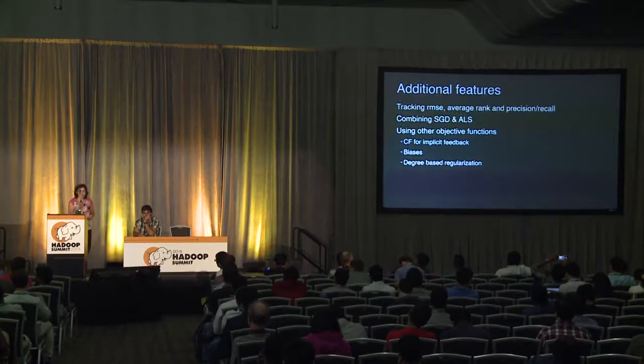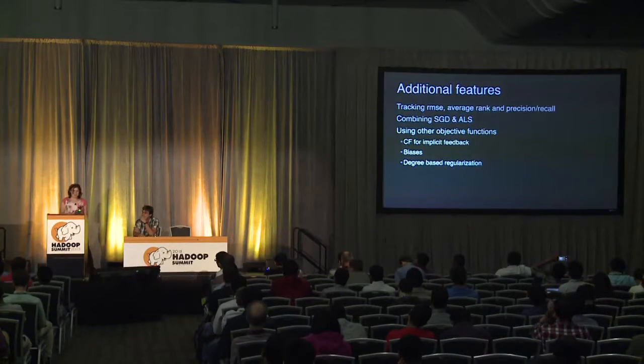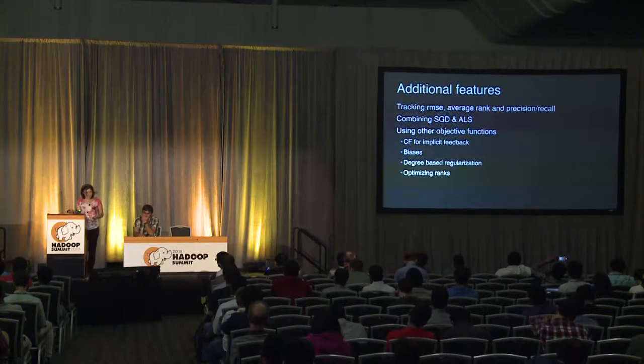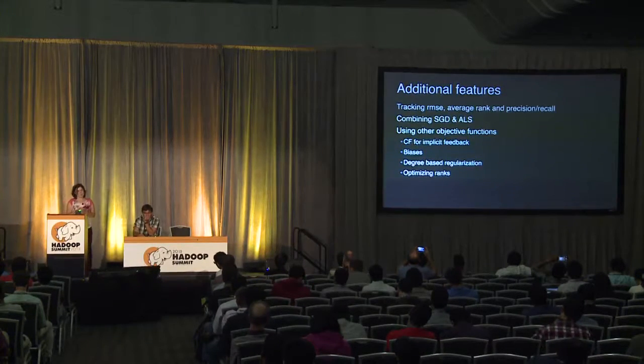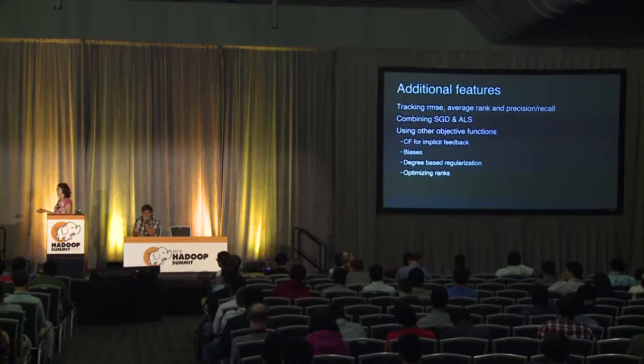Without degree-based regularization, large degree items would start causing numerical problems. And in the future, we plan to experiment with optimizing for ranks instead of optimizing for the error on the known ratings, because that is how we eventually use the output of this algorithm.